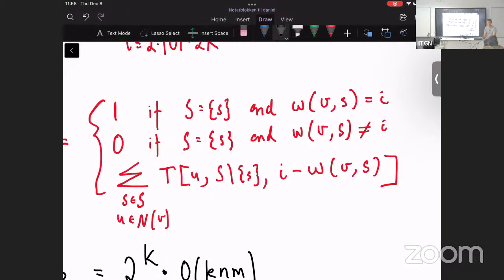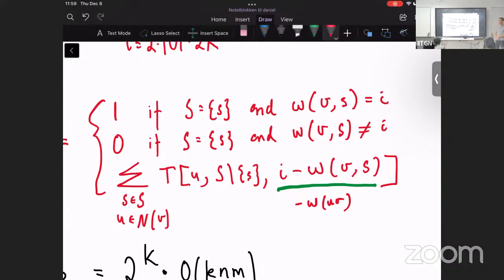There is a mistake here. How do I define the weight of a walk? It gets weights for vertex label pairs and edges, and I forgot to subtract the weight of the edge. So I also need minus the weight of uv.